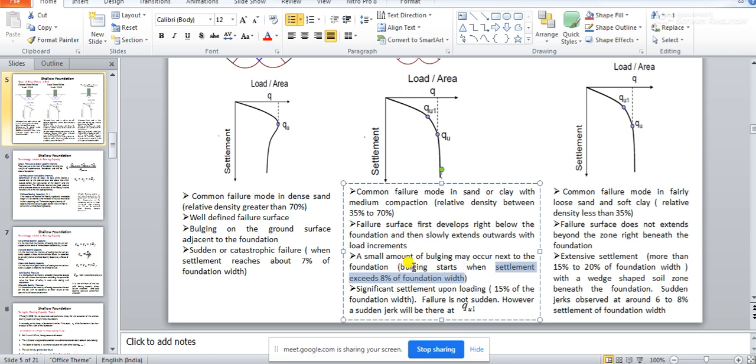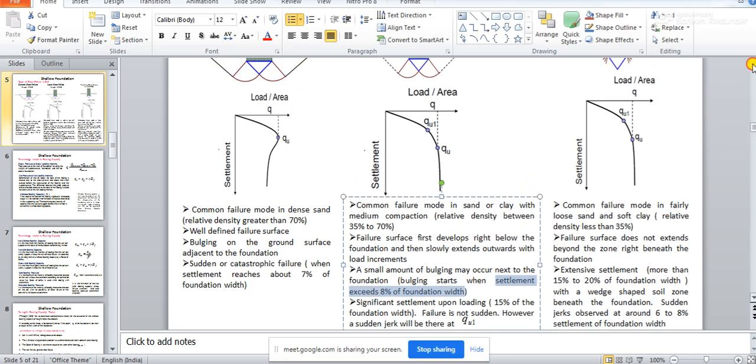So when it is showing the sign of bulging, at that time, if it is general shear failure, then the footing has already failed.